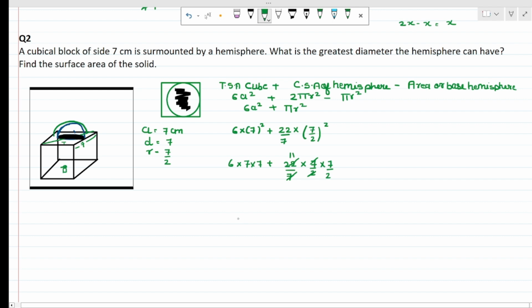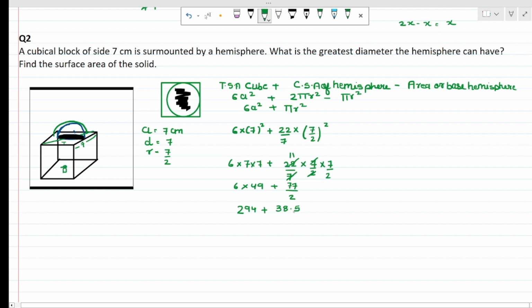That means you will get 6 multiplied by 49 plus 77 upon 2. 6 multiplied by 49 gives you 294. And 77 upon 2 gives you 38.5.